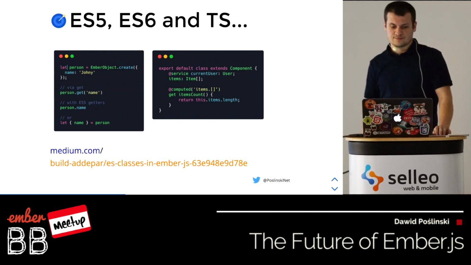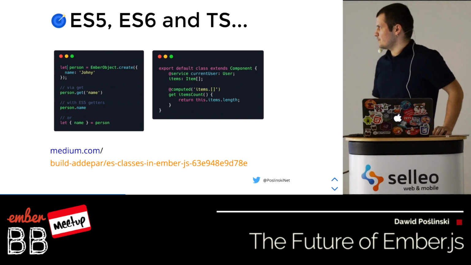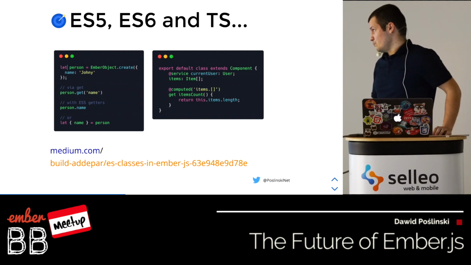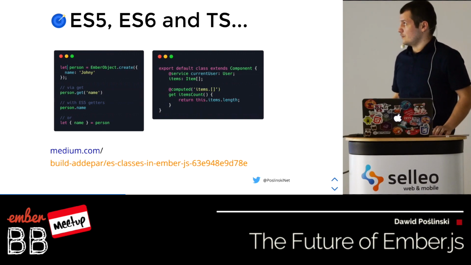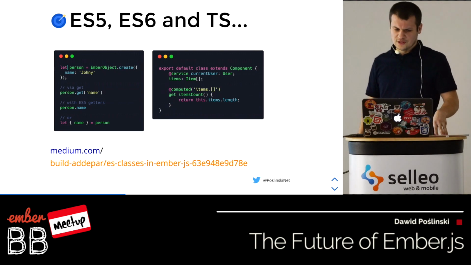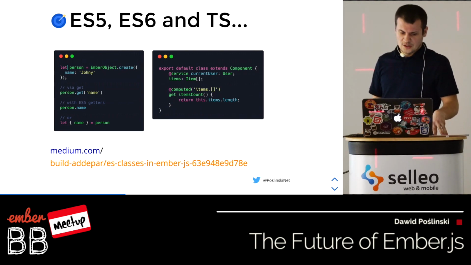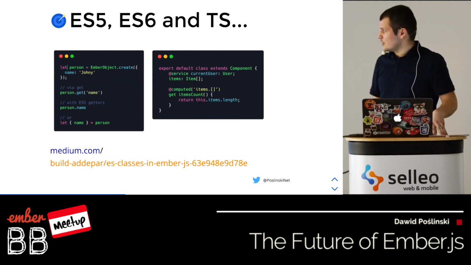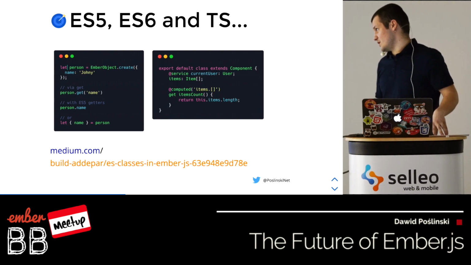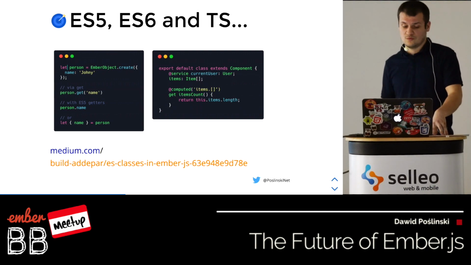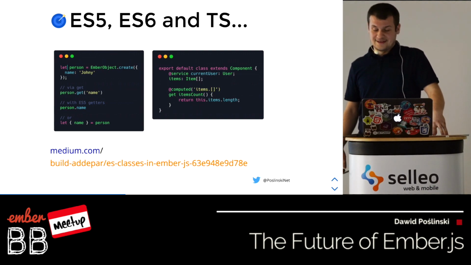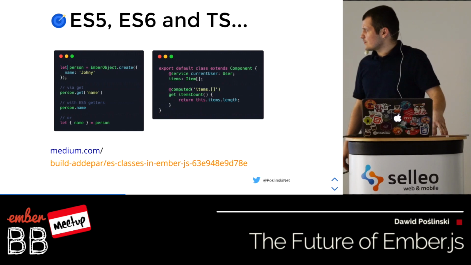So there will be greater use of ES5, ES6 in Ember and mostly in Glimmer, in fact, also TypeScript. On the left you can see that, for instance, getters from ES5 will be available, which is good. We waited a long time for that. We will be able to forget about get on Ember objects, theoretically with some exceptions.